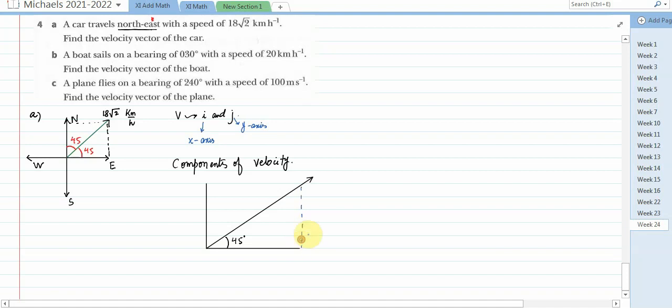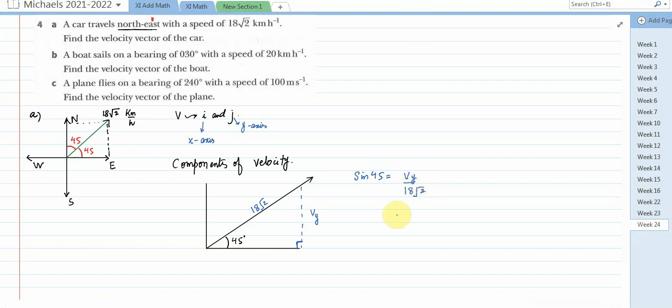Let's suppose that is the velocity y component, alright? The magnitude you have is 18 under root 2. So how are you going to find Vy if you have a 90 degree here? Obviously you can apply trigonometry here, right? With the help of trigonometry, you can apply sine here. We can say that sine 45 is equal to opposite divided by hypotenuse, right?